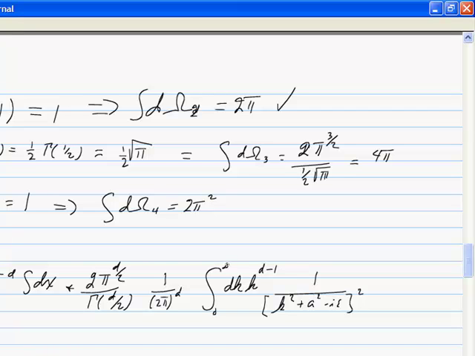This integral runs from 0 to infinity, and we pull out one more fancy identity.